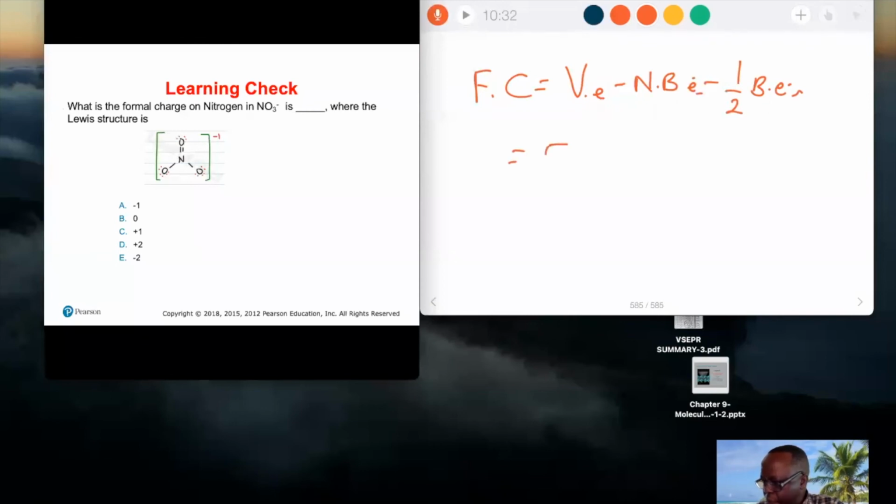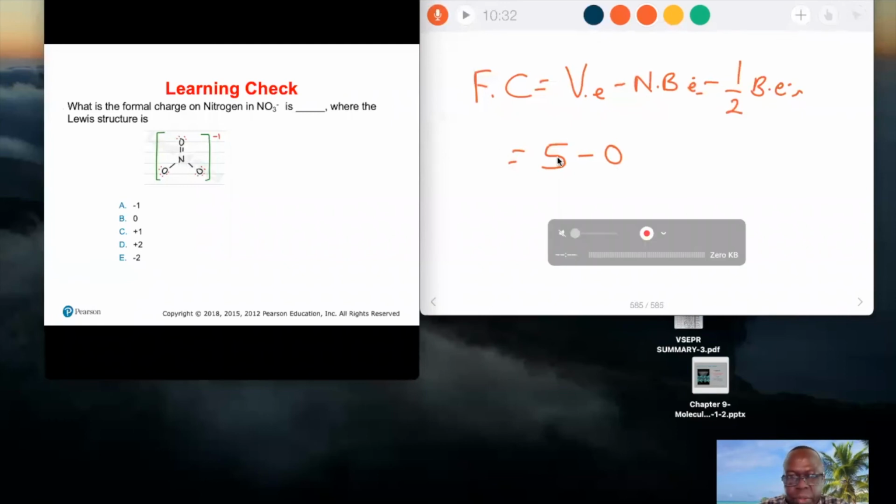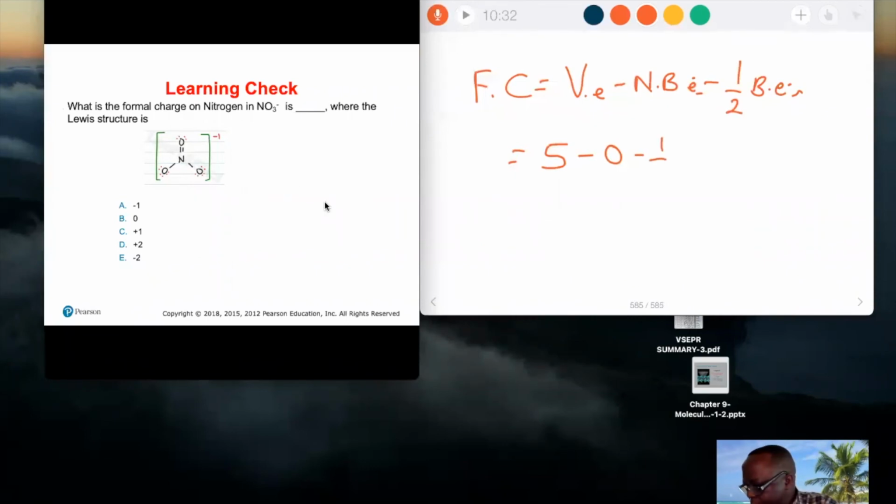So 5, because nitrogen is in group 5, minus non-bonding, which is 0. I don't see any dots on nitrogen. I'm just sitting right here. We are on the nitrogen right now. I don't see any dots on nitrogen. That is why I have 0 here. No non-bonding electrons on nitrogen. Minus a half bonding electrons.